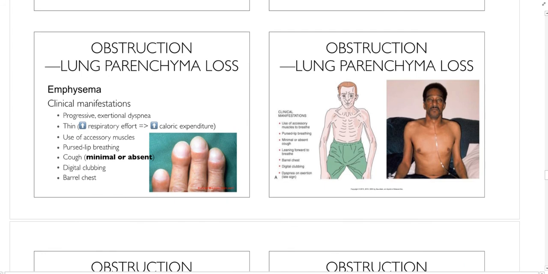Some of the clinical manifestations that we can have with emphysema: exertional dyspnea that gets worse over time. Generally, as you can see over here, they are very thin because they have such an increase in respiratory effort that it leads to a dramatic increase in caloric expenditure, because they're having to not only work with every breath to breathe in, they have to work to get every breath out.